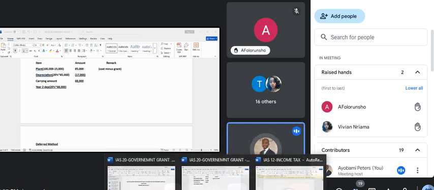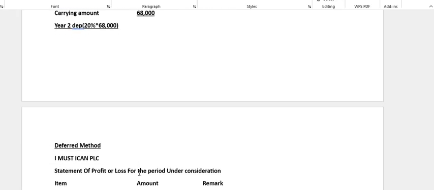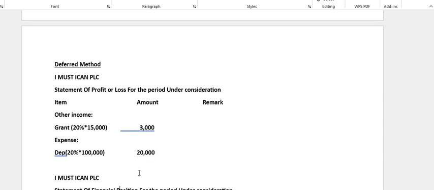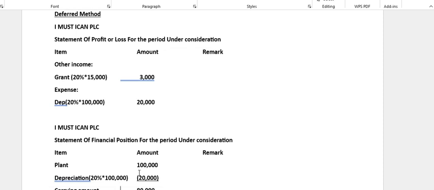So now let's look at the deferred method. We were told that if it were on an annual basis, what do we do? Look at it here, I've also done it in a seamless way. Under the deferred method, I must pass a comparison of profit or loss for the period under consideration: item, amount, remark. You know that under the full method, there is nothing like other income.